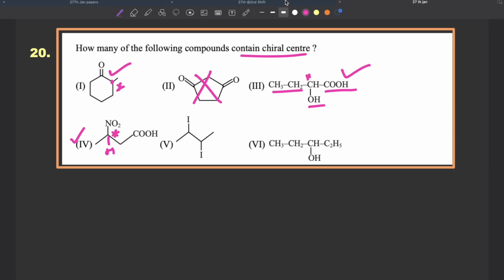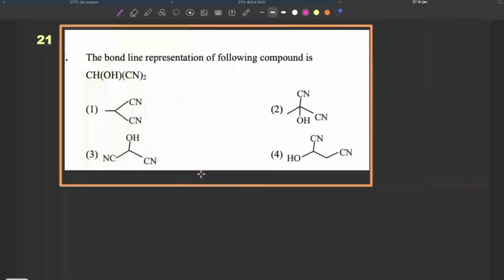This one has symmetry, equal groups on both sides, so it is out. But this one is a chiral center because these groups are different. So even this is a chiral center. And these two ethyl groups are connected here, so this is out. So the option for this question is 1, 2, 3, 4. So 4 is the right answer for this 20th question.